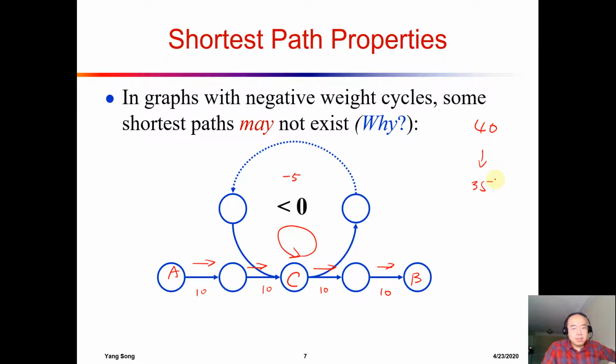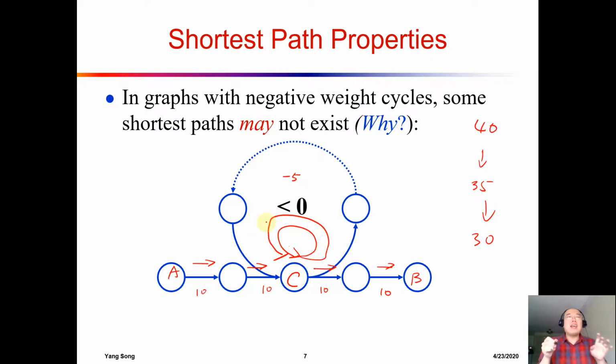So is 35 the lowest? The answer is no. Why? If we go one round and then another round, what will happen? 10, 10, and then 2 rounds, -10, and then +10, +10. So we can bring that down to 30. Is that it? No, because we can go multiple rounds inside this circle.